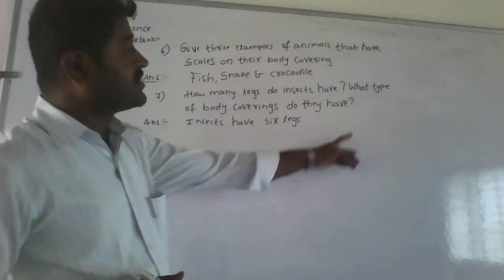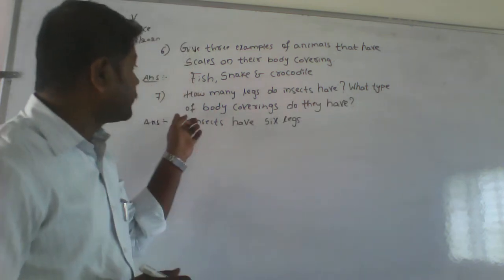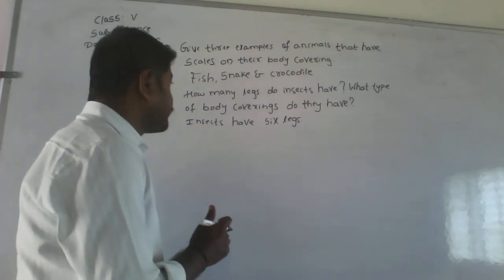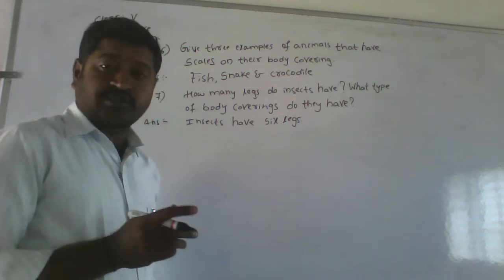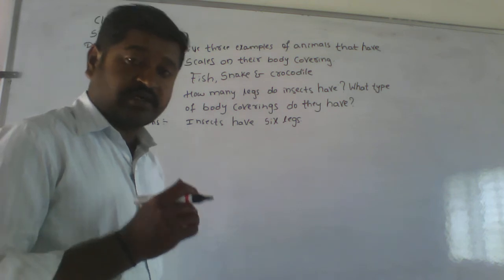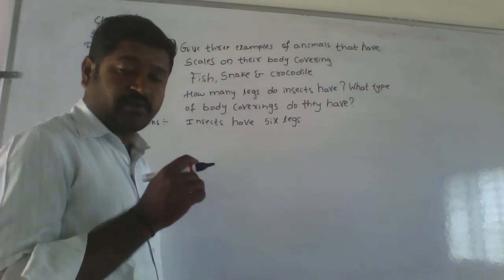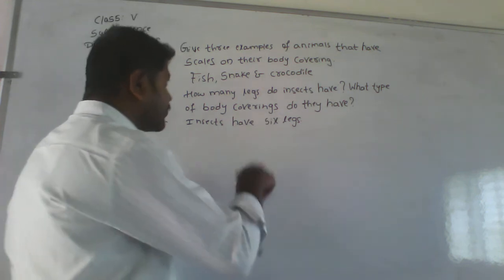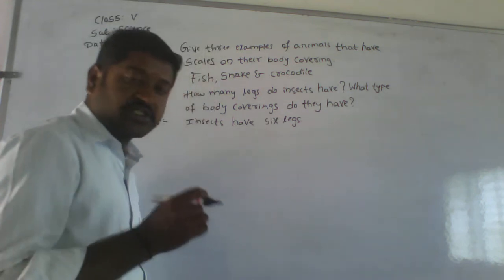And another question they have asked, what type of body coverings do they have? So actually, these insects will be having wings on it, right? The wings will be there, which makes it fly. So those wings are having scales on it.